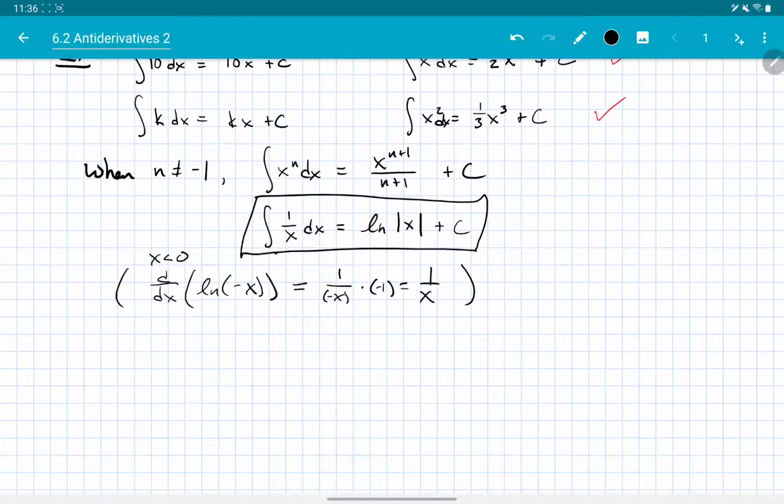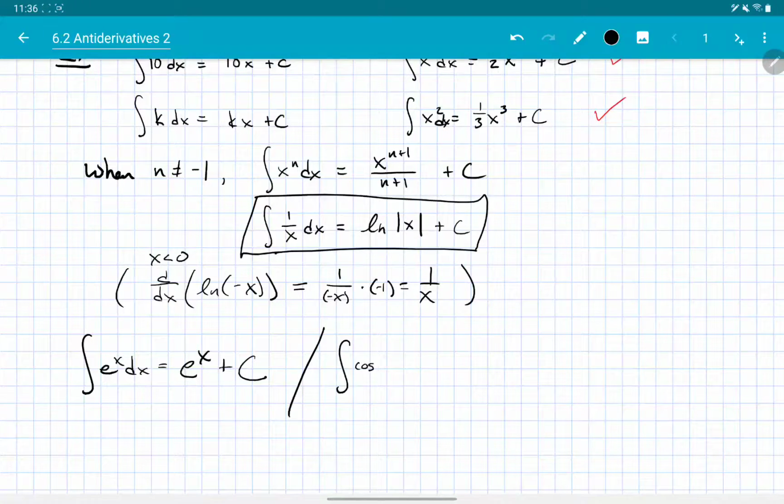Let's record a few more examples. The indefinite integral of e to the x dx is e to the x plus a constant. The indefinite integral of cosine of x dx is sine of x plus a constant. The indefinite integral of sine x dx is negative cosine x plus a constant.